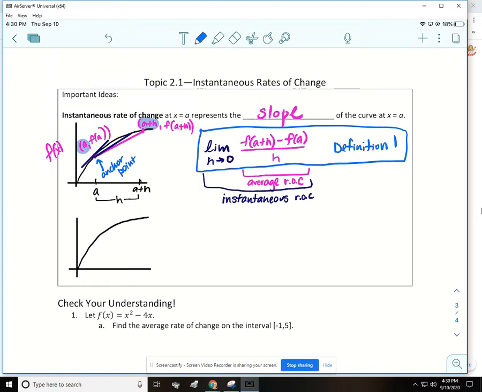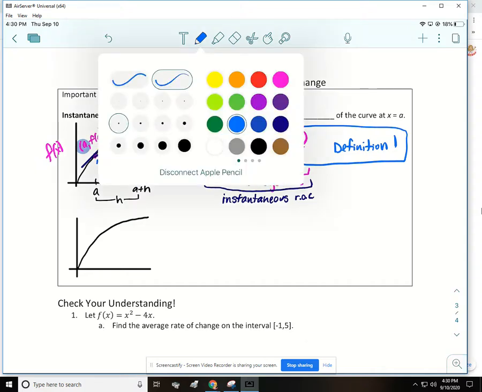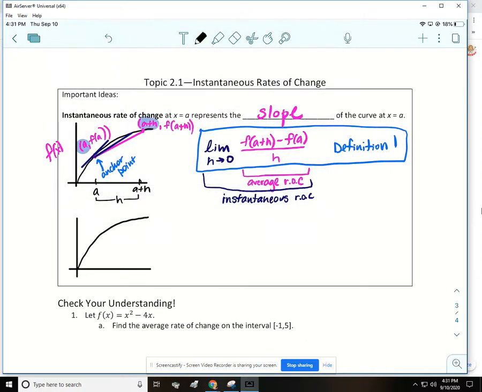Okay, we have another definition as well. So for this second definition, we're still going to have our anchor point at A, but we're going to have the other point we're just going to call X. Right?